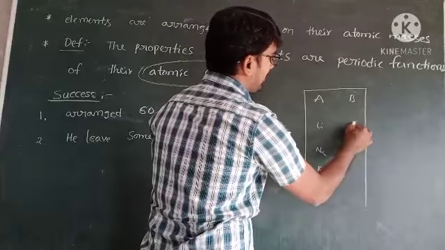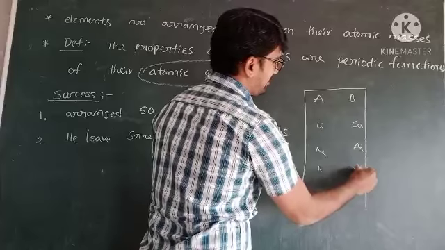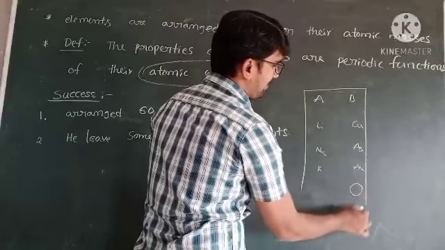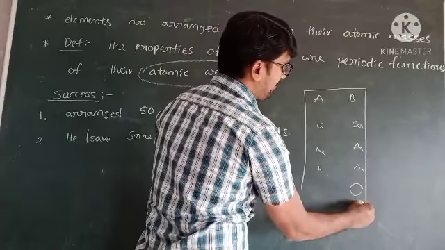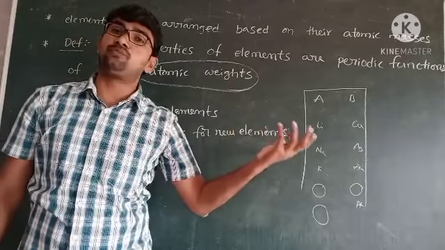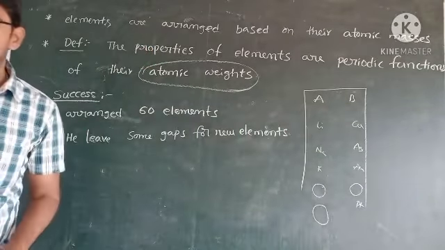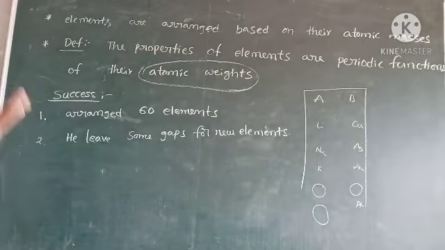And in another group, some others like Cu, Ag are given. But he leaves some gaps. Another element, for example Pt, is present here, and he leaves some gaps for new elements, meaning some other elements are possible to come into this group. That's why he was thinking very well and left some gaps for new elements.